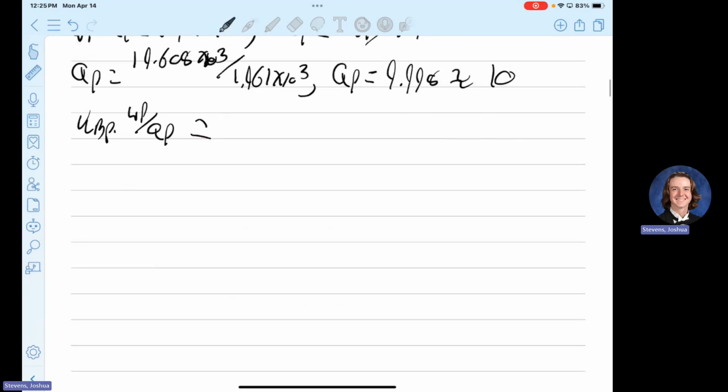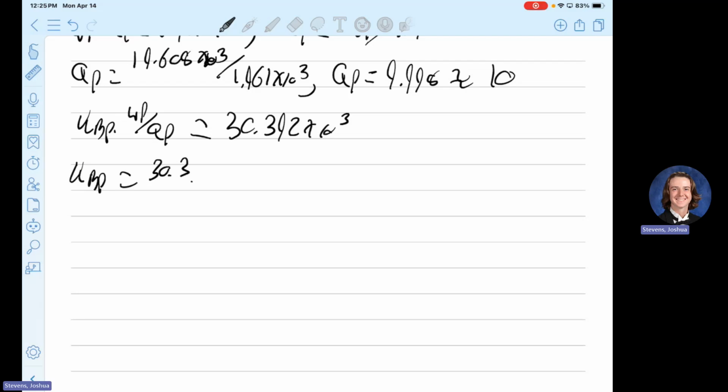So that equals 30.392 times 10 to the third. Okay, well, so KBP is simply 30.392 times 10 to the third divided by that omega p divided by QP.